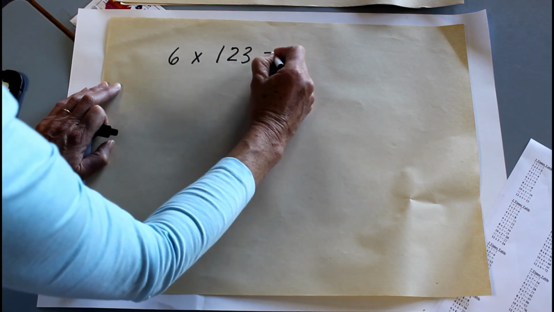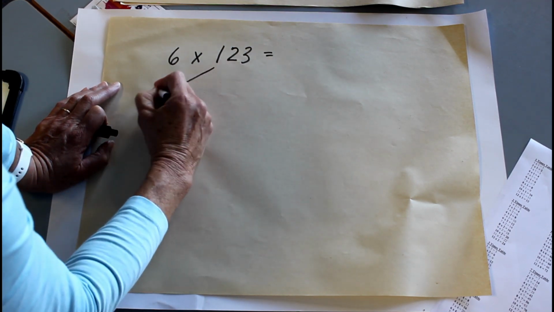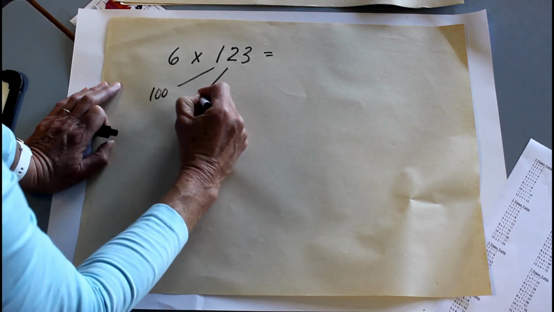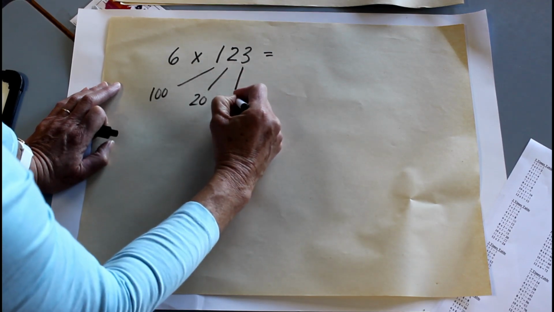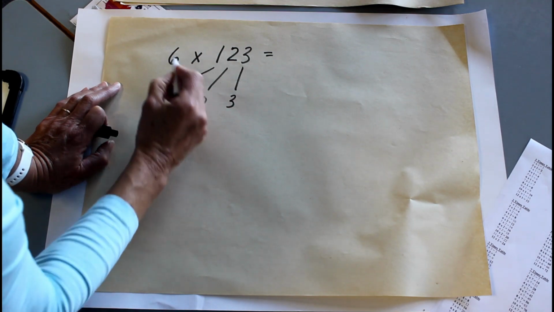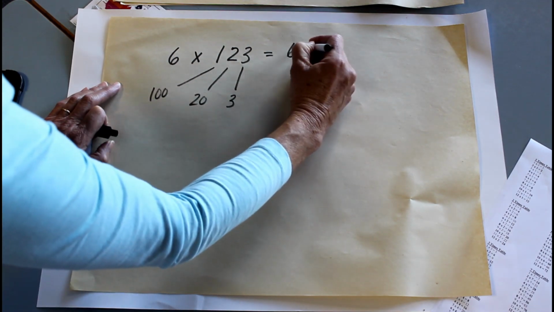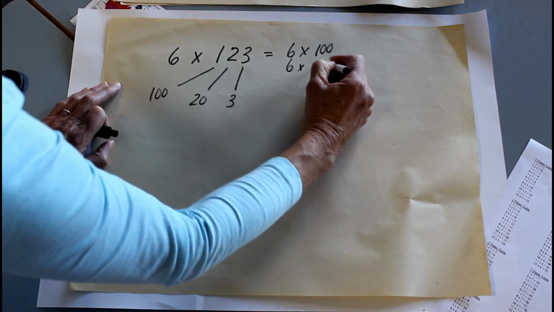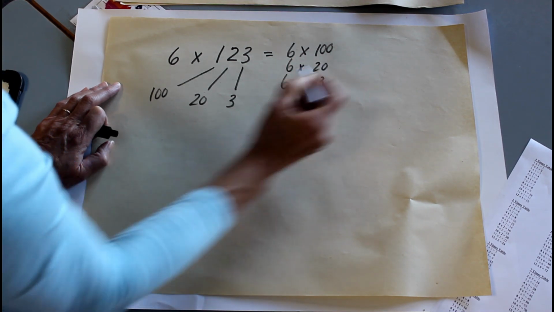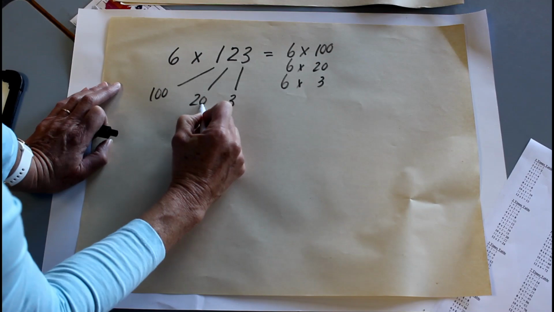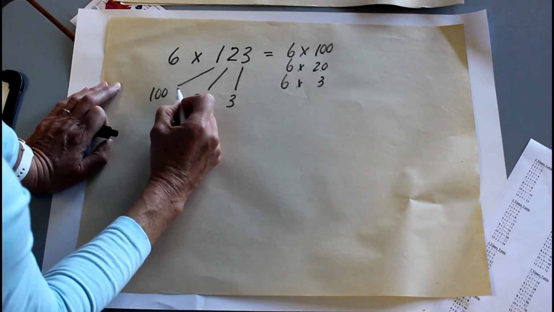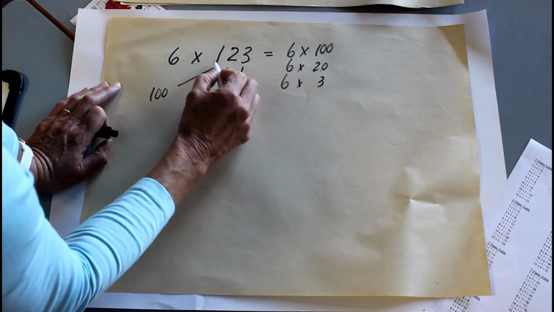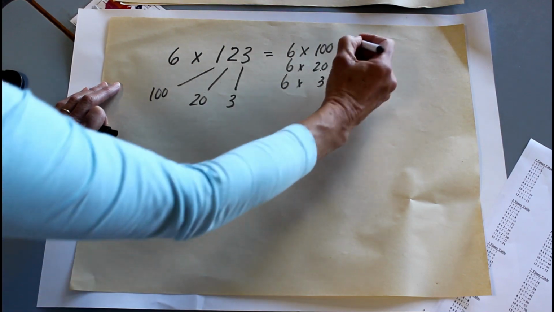Now I'm going to break this up into 100, a 20, and a 3. So let's now write those out. 6 times 100, 6 times 20, and 6 times 3. So I've got my 100 here, my 20 here, and my 3. It still is 123, but I've just written it in a very different way.